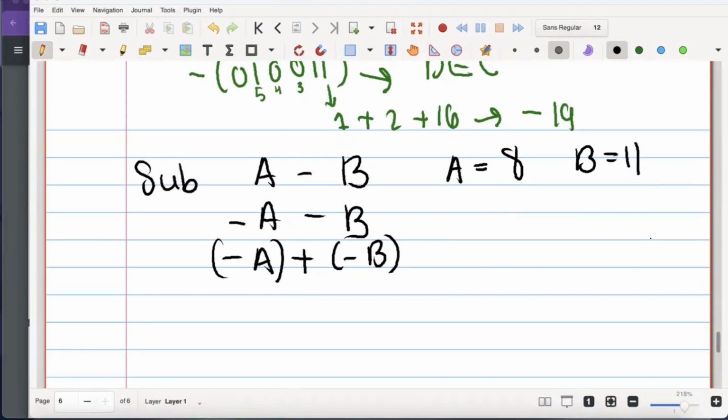11. Okay, 8 is going to be 1, 0, 0, 0. 11 is going to be 1, 1. Wait, let's not use 11. Let's use something with 3 bits. Actually, does it matter? No, but, what should I use?